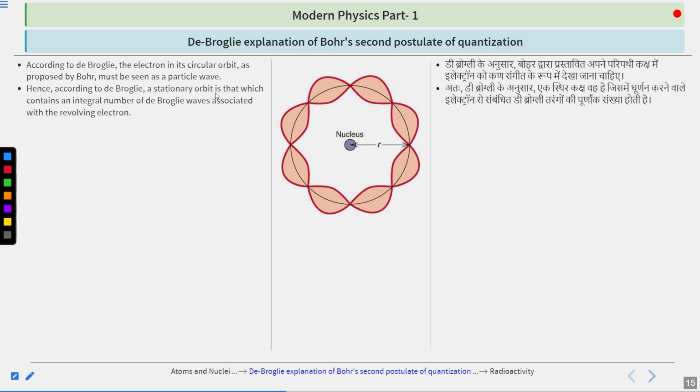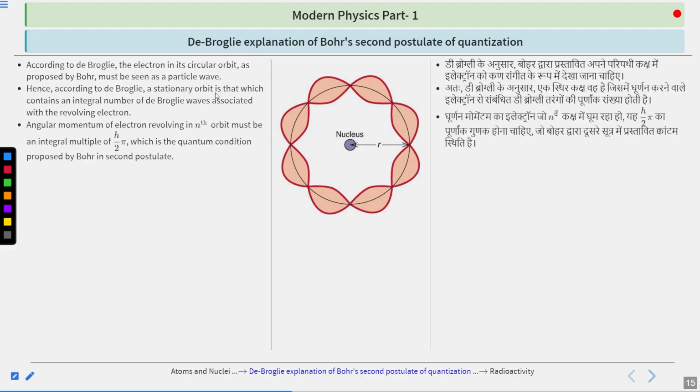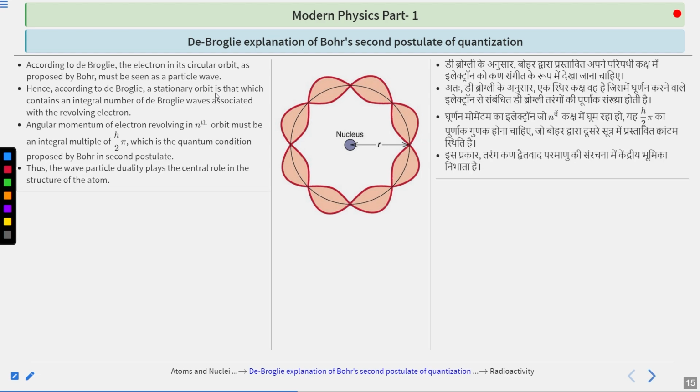Hence, a stationary orbit is one that contains an integral number of de Broglie waves associated with the revolving electron. The angular momentum of the electron revolving in the nth orbit must be an integral multiple of h by 2 pi, which is the quantum condition proposed by Bohr in the second postulate. Thus, wave-particle duality plays the central role in the structure of the atom.